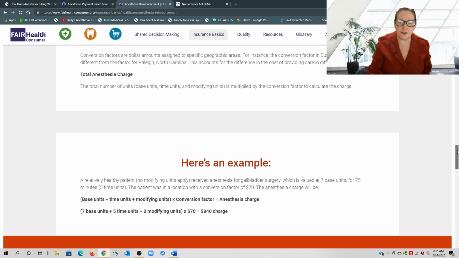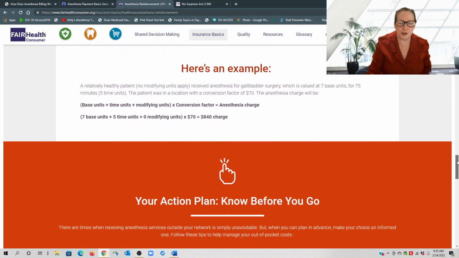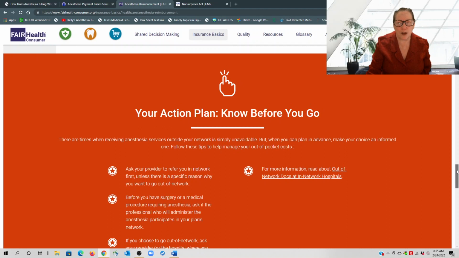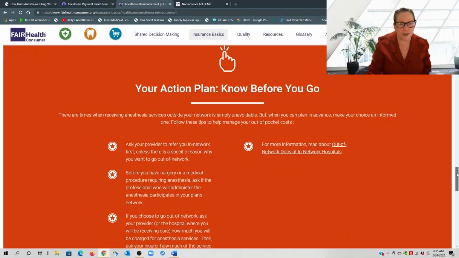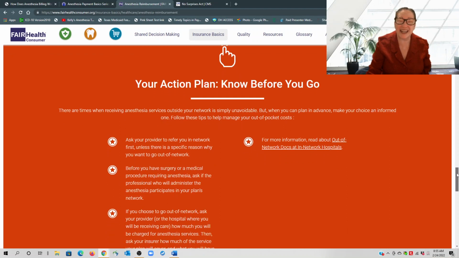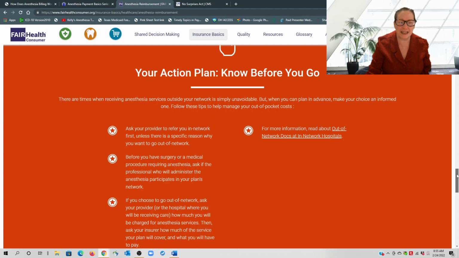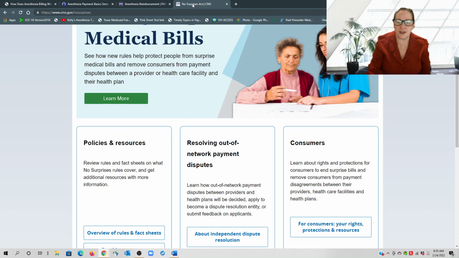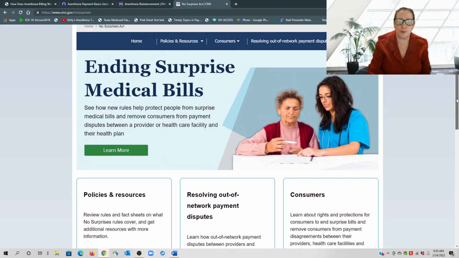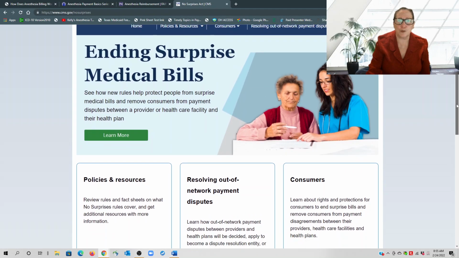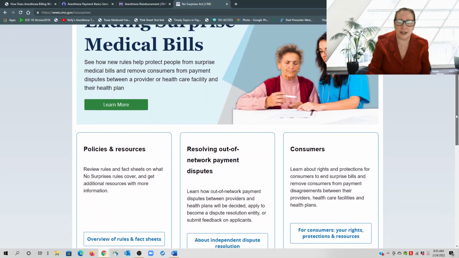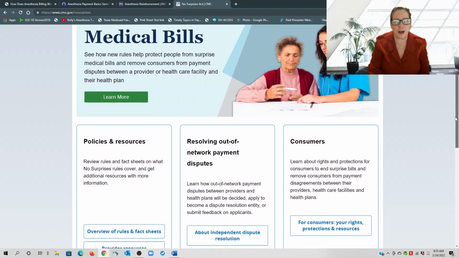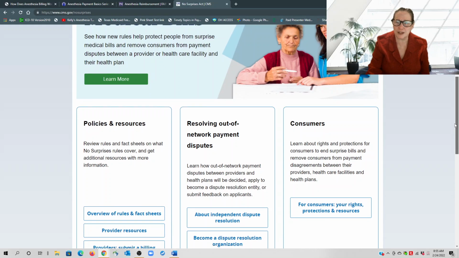Now, Fair Health does give you some good information as well about what used to be more important prior to this year, which is making sure that you're in-network for your anesthesiologist. Now, beginning January 1st of 2022, many states have implemented no surprise billing, which protects consumers, but it's a little difficult for anesthesia practices right now while we're navigating through this maze.